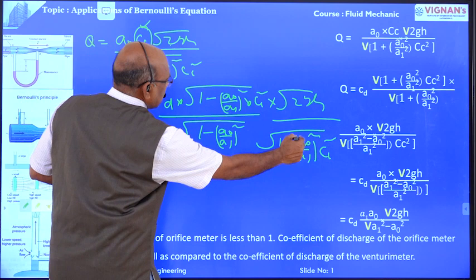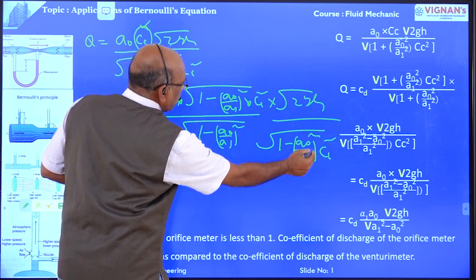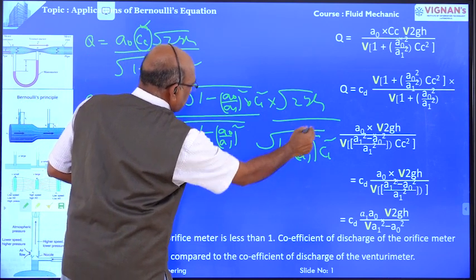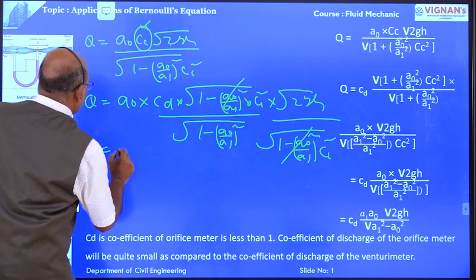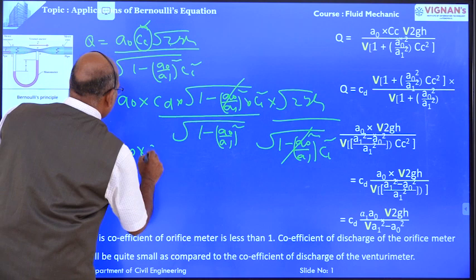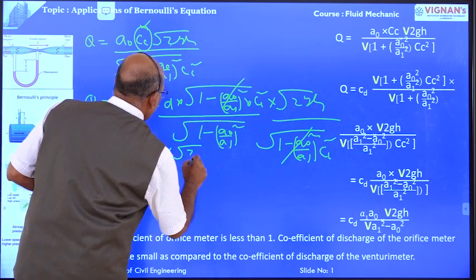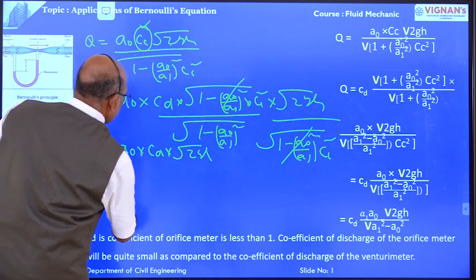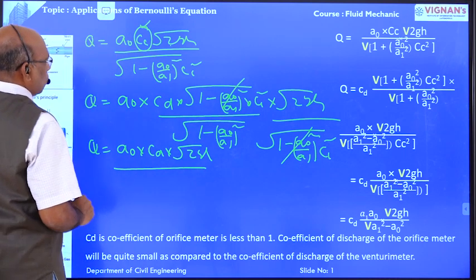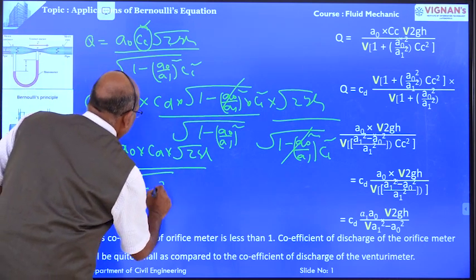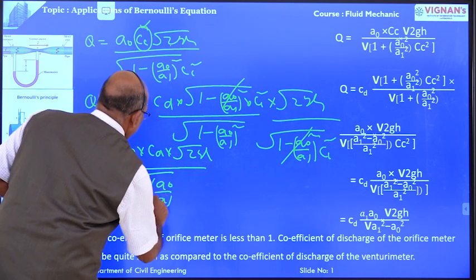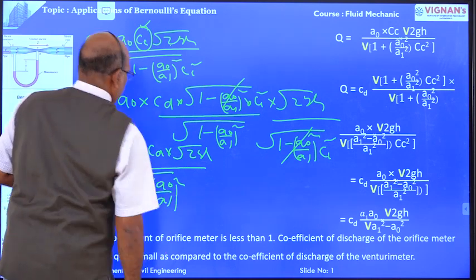This value cancels. Therefore Q is equal to A0 into CD into root 2gh divided by square root of 1 minus (A0 divided by A1) square.